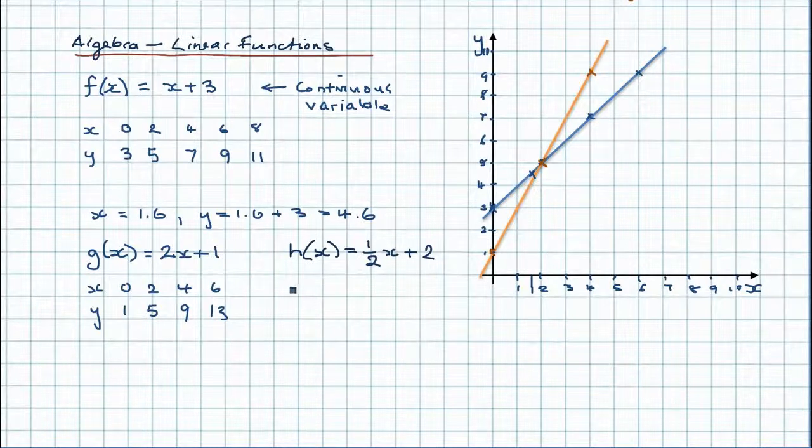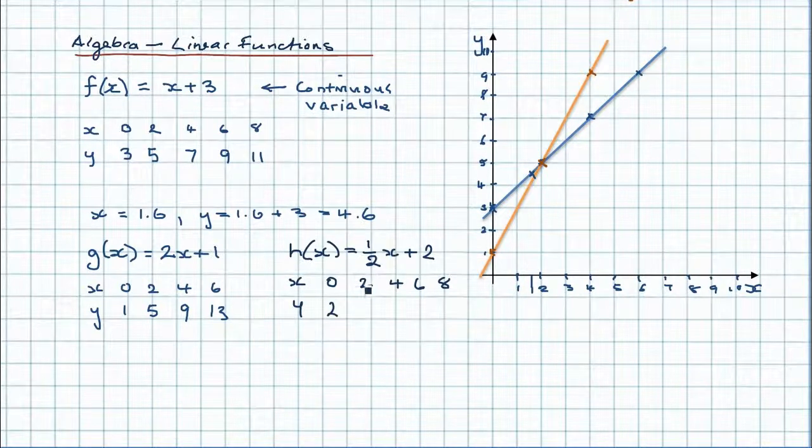Okay? And if I do that and plug in my x values, well, if I have naught, what will y equal? Half of nothing, half of 0 is just 0, plus 2 gives us 2. 2, 4, 6, 8. Okay.